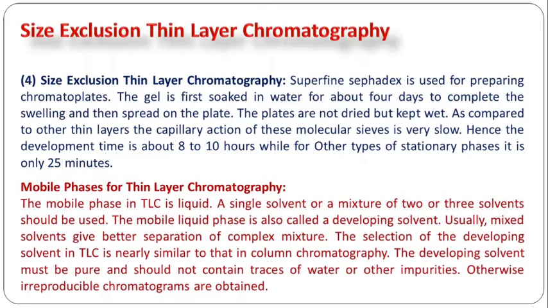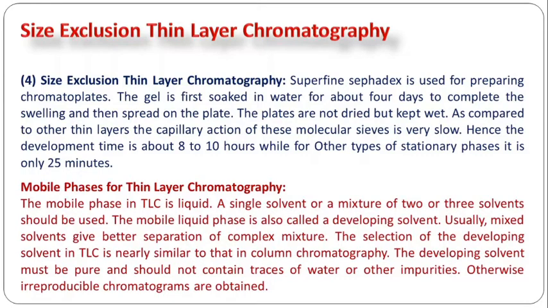That is obvious, because this is an analytical technique. In analytical techniques, whatever solvents, instruments and other things we use should be pure and standardized, and should not contain any impurities. Otherwise, irreproducible chromatograms are obtained. These chromatograms are reproducible: if you maintain the conditions constant, it will give you the same chromatogram.